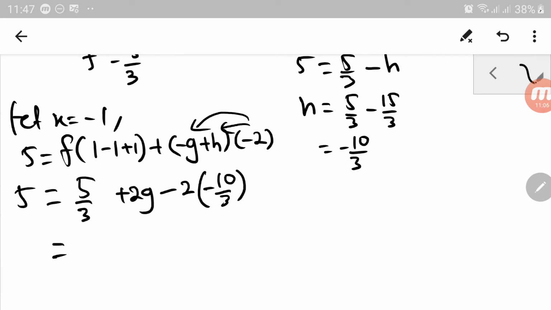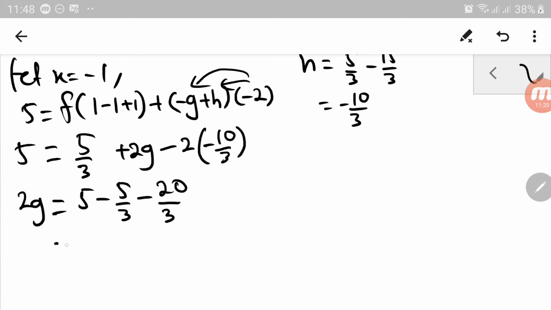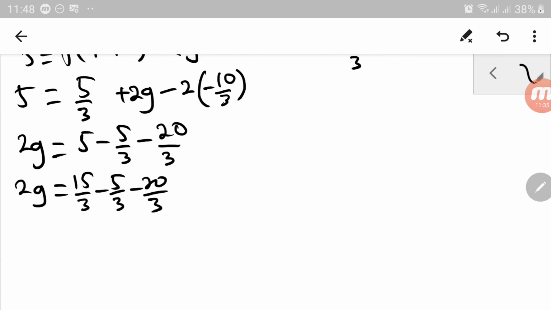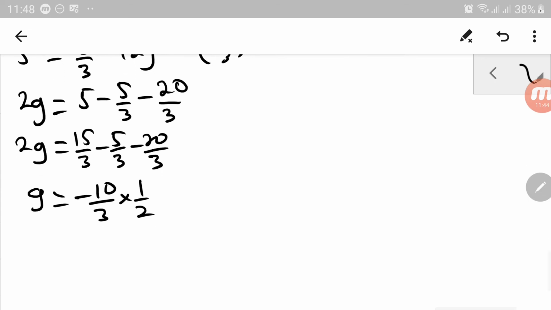Now 2g is 5 minus 5 over 3 minus 20 over 3. Correct? Correct. So 2g, 5 is 15 over 3 minus 5 over 3 minus 20 over 3. So what we have here is 15 minus 25, which is minus 10 over 3. Then we multiply by 1 over 2, we get minus 10 over 6.